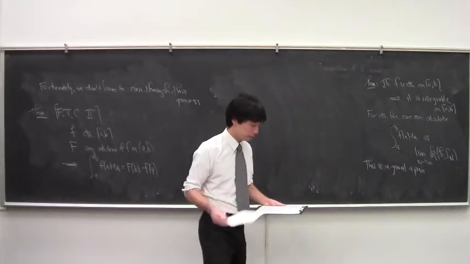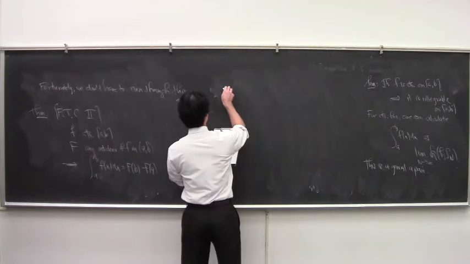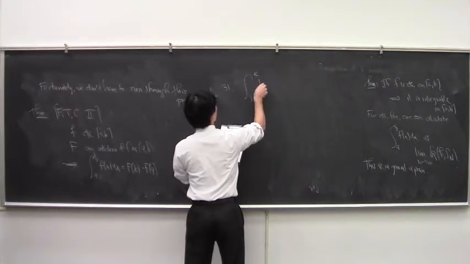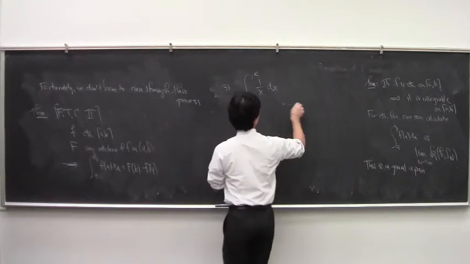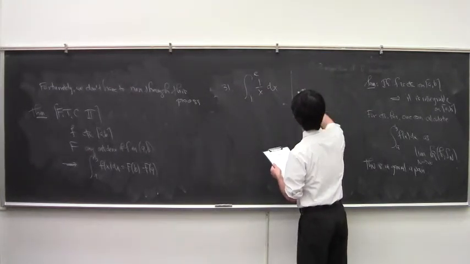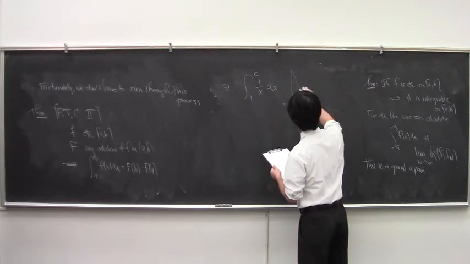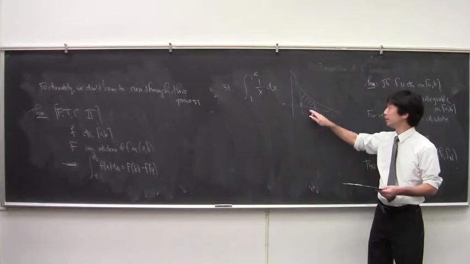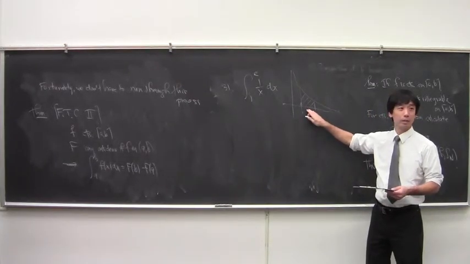So, for example, what's the area under 1 over x between 1 and e? Here's 1, here's e, and here's the function 1 over x. I'd like to know the area under the curve here.